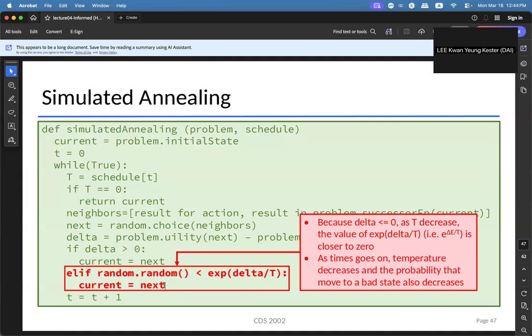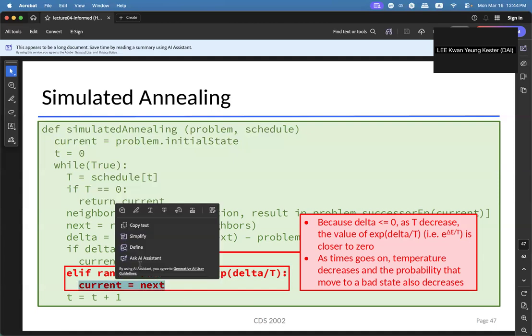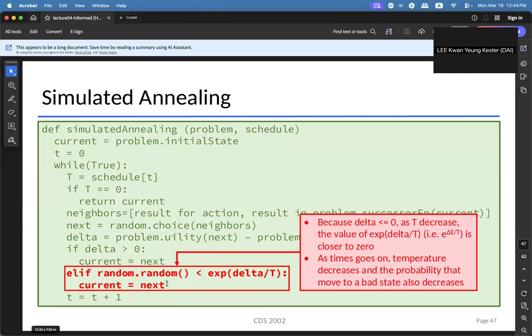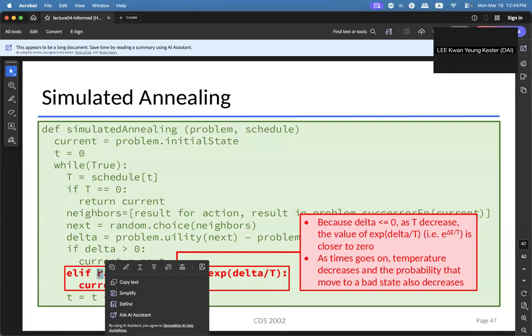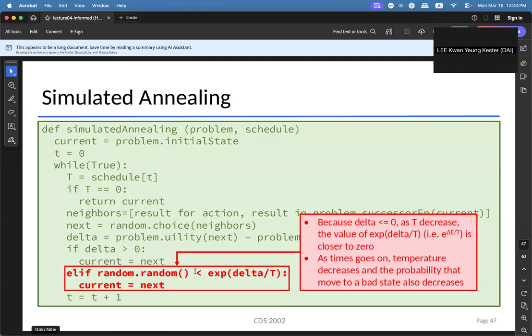If the delta is negative, that means the next move is a bad move. We can interpret this else if statement as checking whether the random value exceeds the threshold.